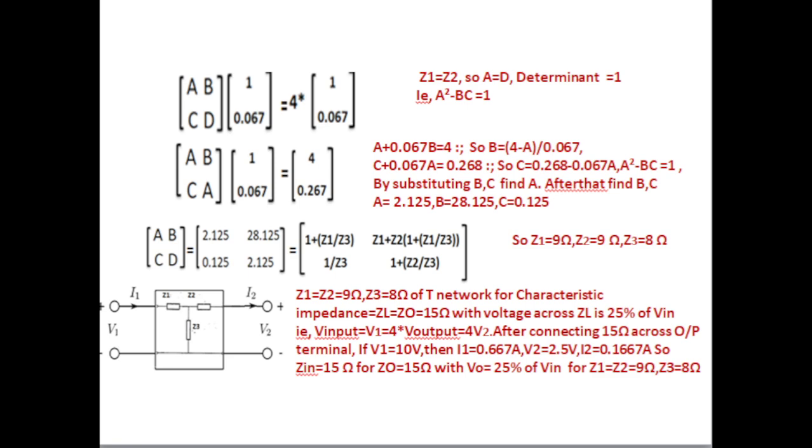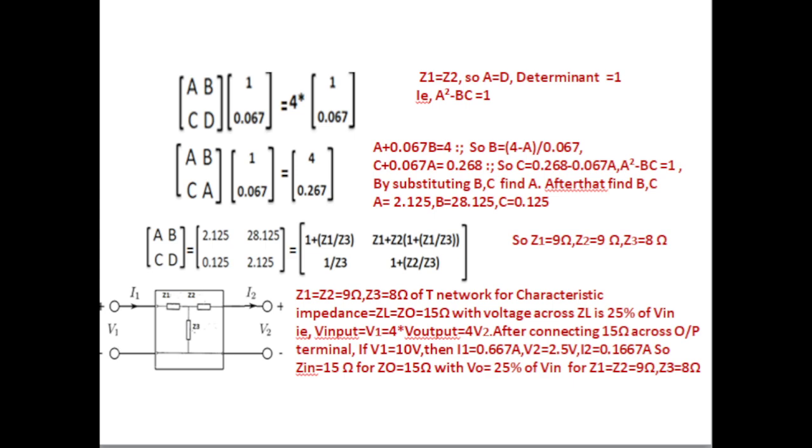So Zin, the input impedance, equal to 15 ohms for Z0 equal to 15 ohms, with V output equal to 25% of V input, for Z1 equal to Z2 equal to 9 ohms, Z3 equal to 8 ohms.